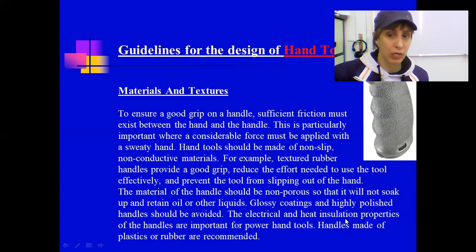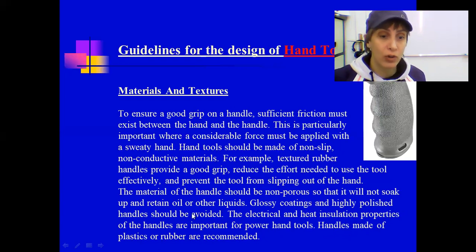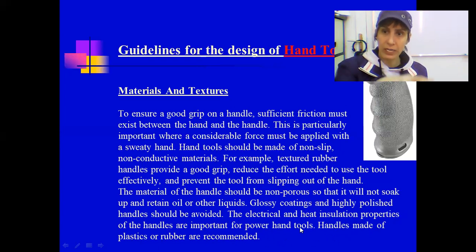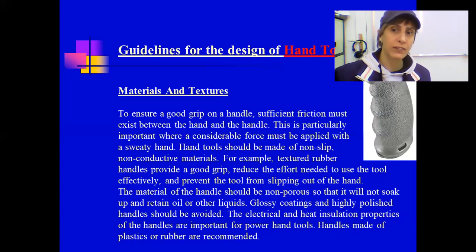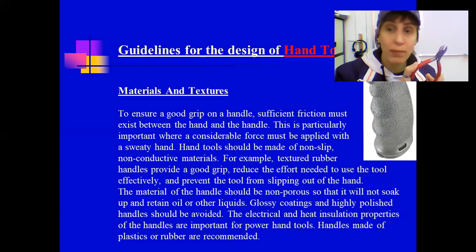Electrical and heat isolation. These kinds of properties are important for handles, especially for power hand tools. Right now we are discussing basic systems, hand tools that are used with no power.